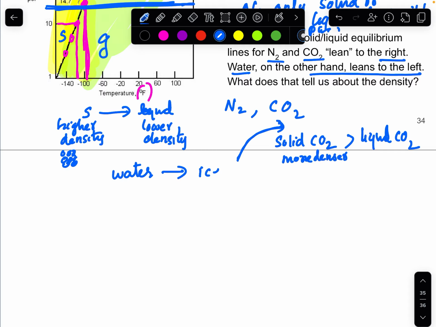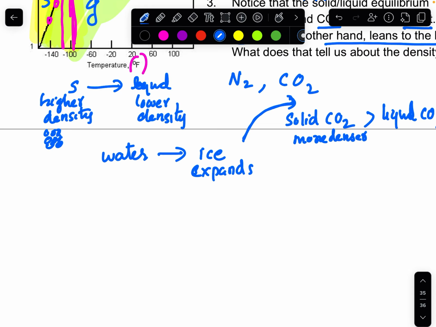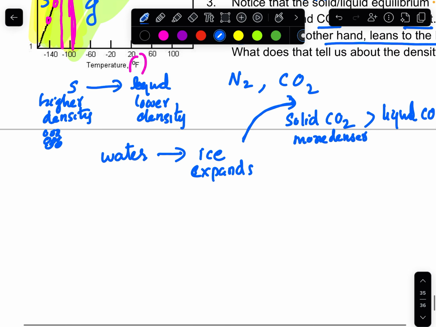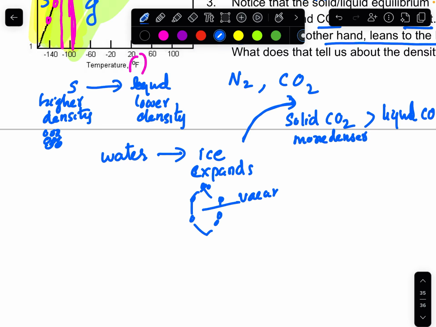But in the case of water, we know the unique phenomenon for water. Water when it freezes into ice needs more space. Ice will expand, right? That's why pipes break during winter, during freezing. The reason is the unique structure of ice molecules. Because of hydrogen bonding, it will form a hexagonal structure like this. There will be a lot of vacant spaces. We learned that while learning properties of water.